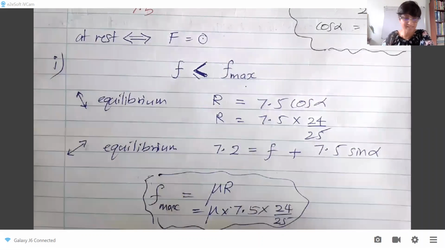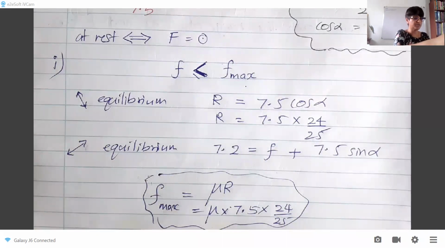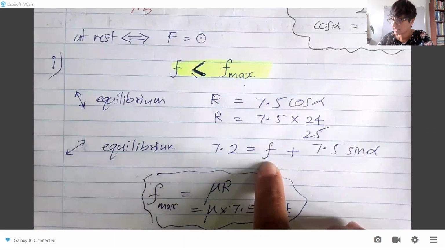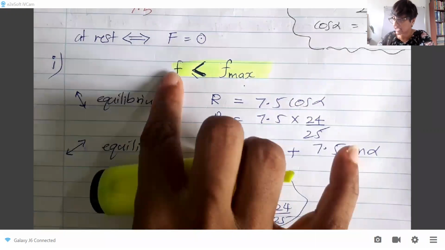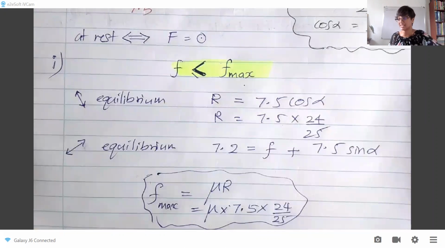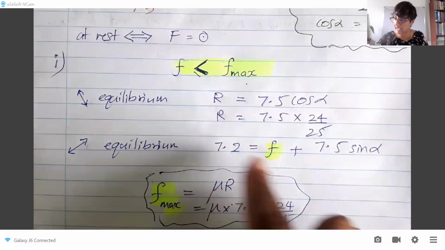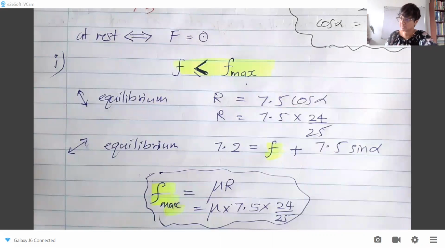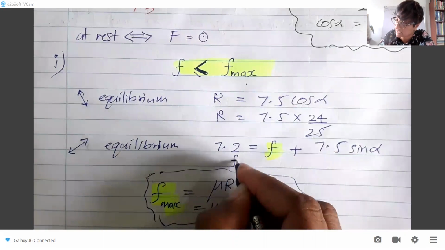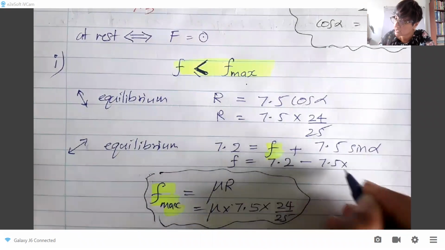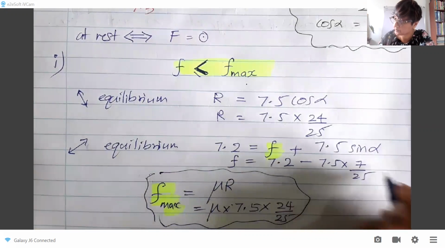Now I'm going to use this inequality. I can find F from this equation, and then I can put it here, and this F max I can put here. I'm going to get an inequality in terms of mu. So let me make F the subject here itself. F is equal to 7.2 minus 7.5 times sine alpha, which is 7 over 25.